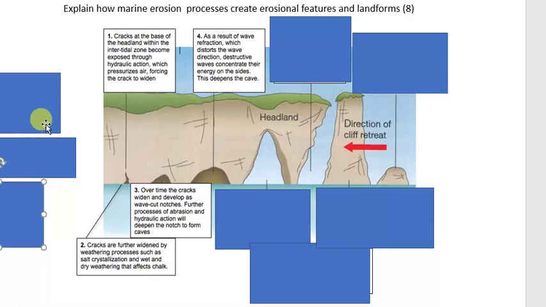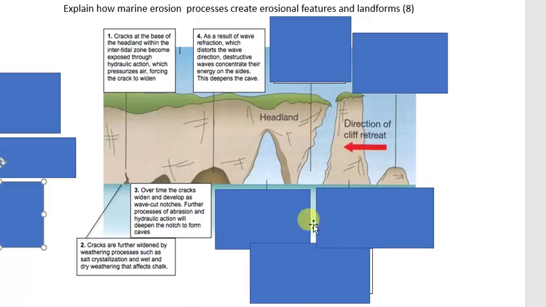4. Show an understanding of wave refraction. If the sea is coming in and the waves are breaking from right to left in this example. One question that I always thought of as a student is, well, how can we get caves in the side?